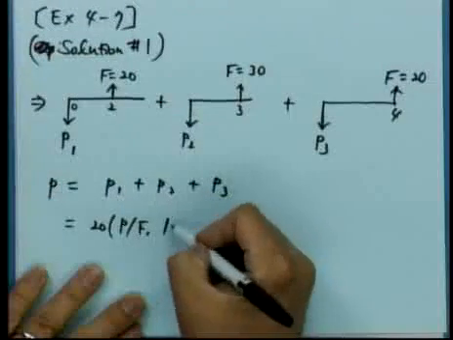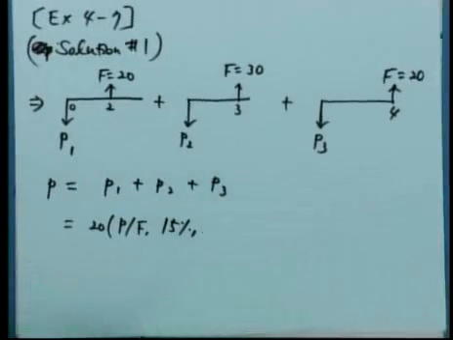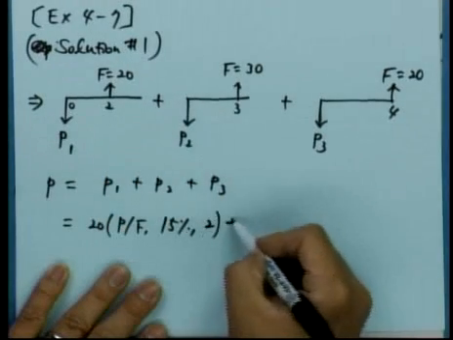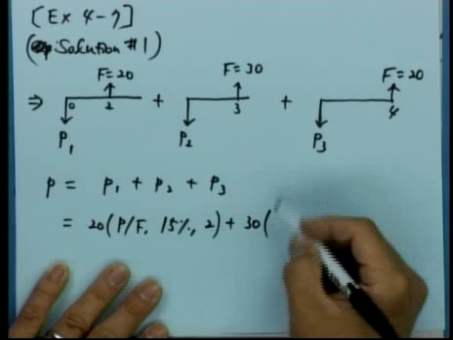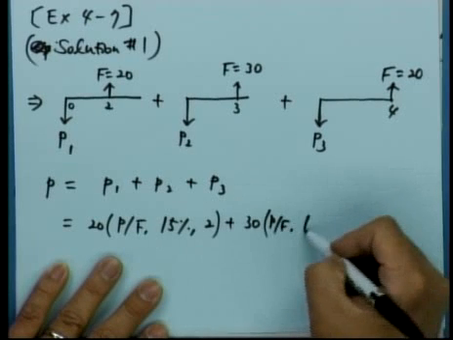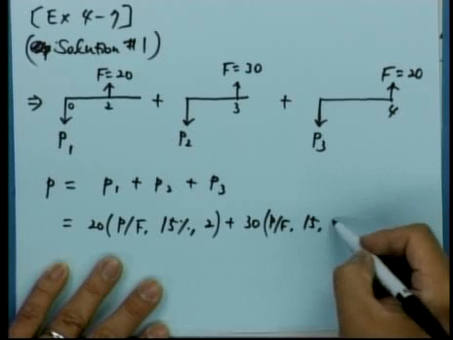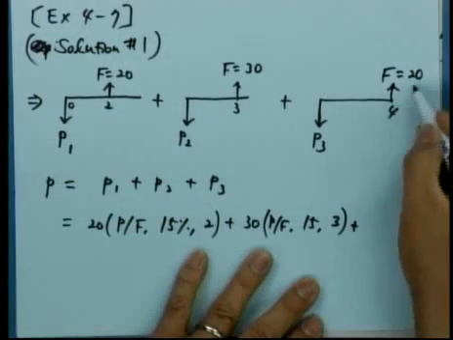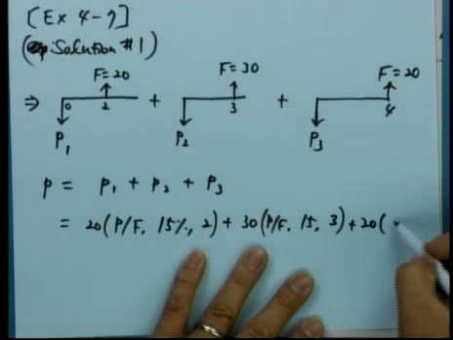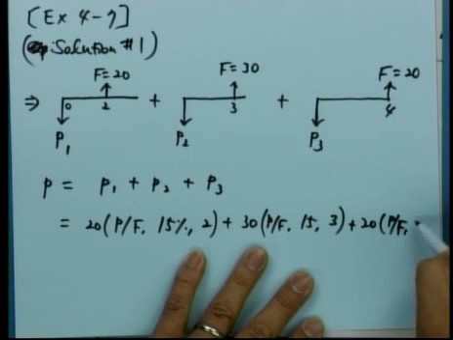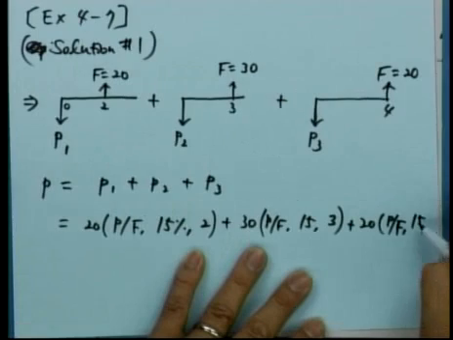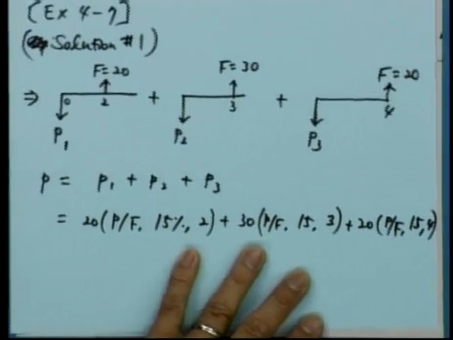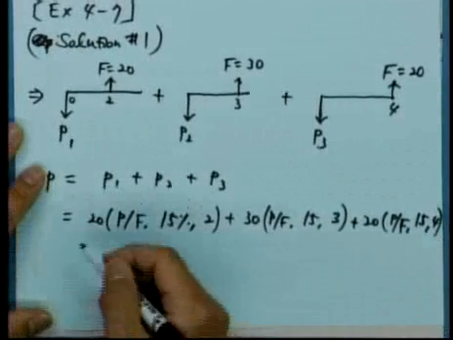So it's going to be 15% over the next 2 periods, plus 30 times P given F, 15% over next 3 periods, plus 20 times P given F, same interest rate of 15% over next 4 periods, right?